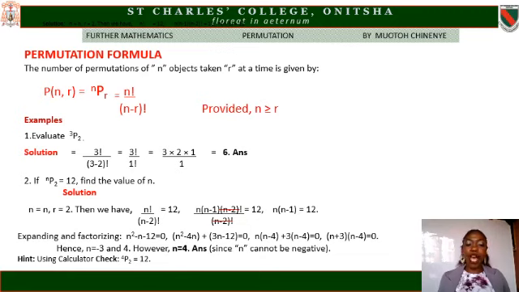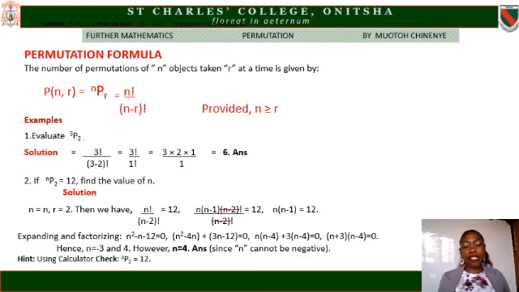Expanding n factorial at the numerator, you are going to have n, all in bracket n minus 1, all in bracket n minus 2 factorial, over n minus 2, all in bracket factorial, which is equal to 12. Then simplifying further, we have n, all in bracket n minus 1, is equal to 12.